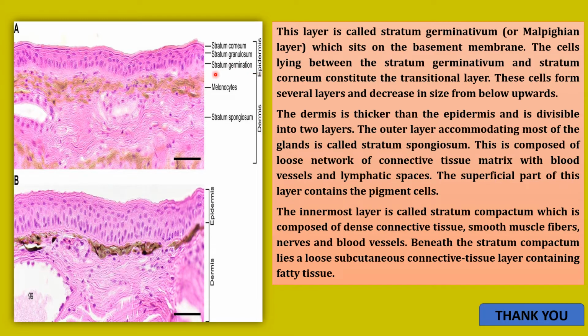Both are the same, Stratum Germinativum or Malpighian layer. So this is the layer. That means epidermis includes stratum corneum, and another layer in between these two, that is stratum granulosum. This is not in your theory portion, but it has been shown in the diagram.